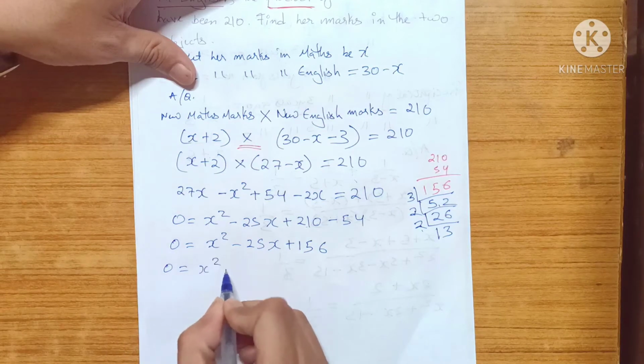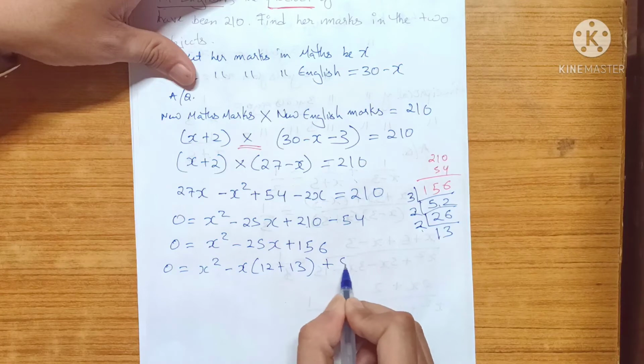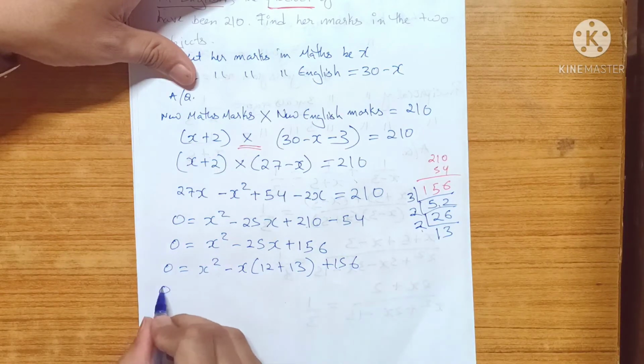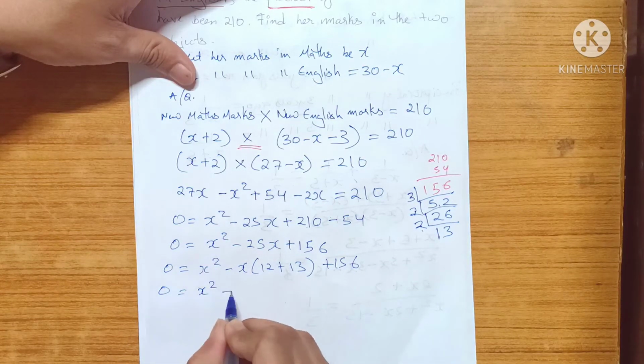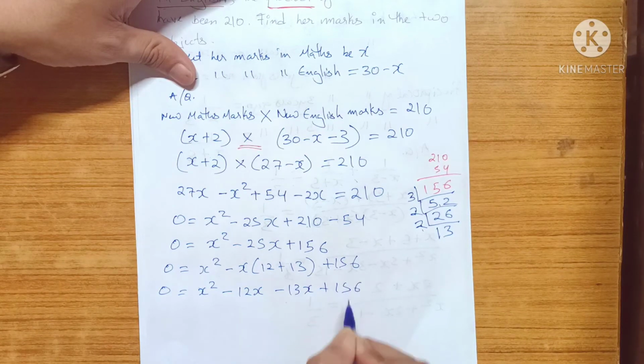So we are getting 12 plus 13. If we open the bracket, it will be minus 12x minus 13x plus 156.